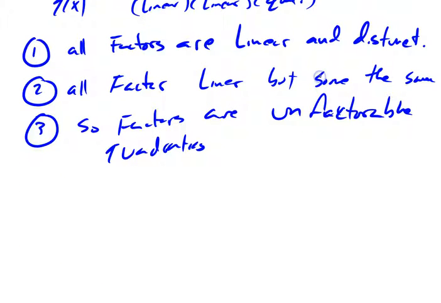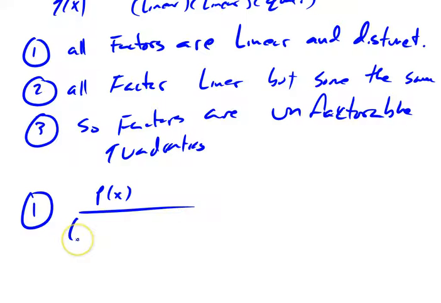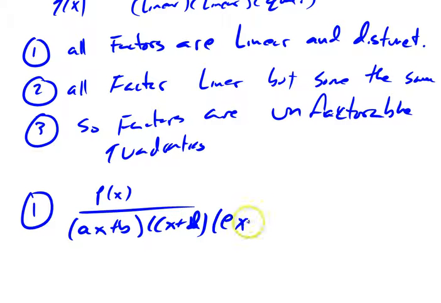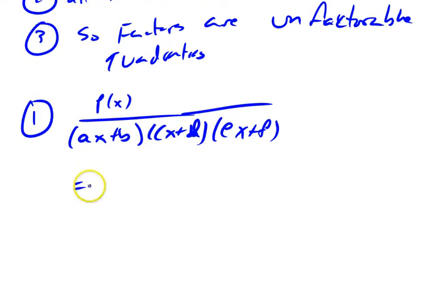We've already seen a couple of examples of the first one. Essentially, in case one, if you've got something like p of x over ax plus b, cx plus d, let's say ex plus f, then you're going to split that up into a sum of three things, because there's three factors.